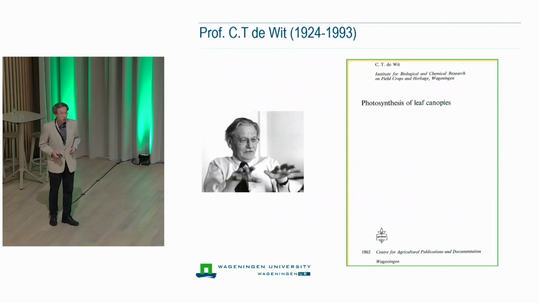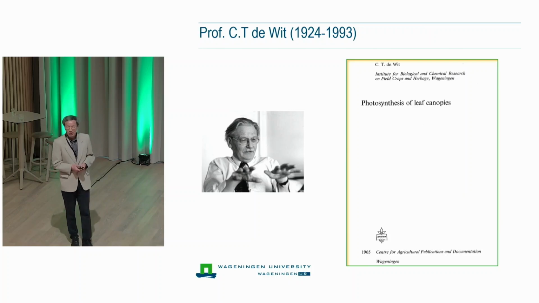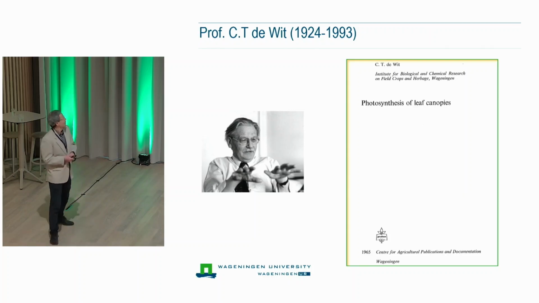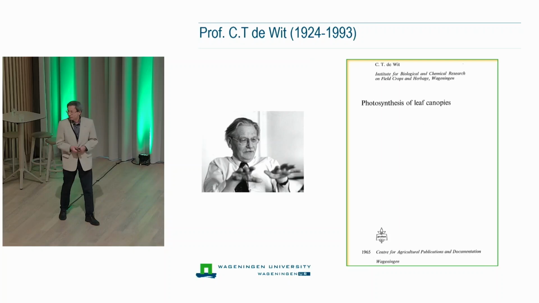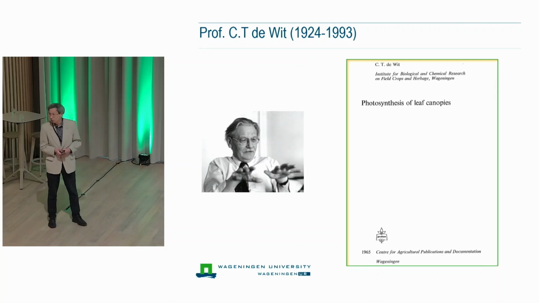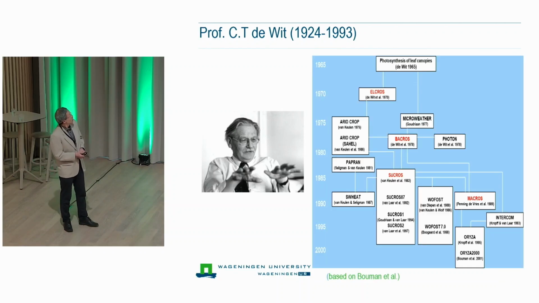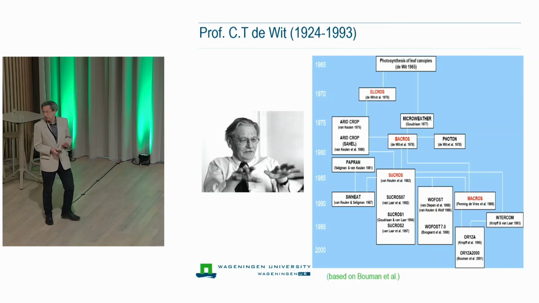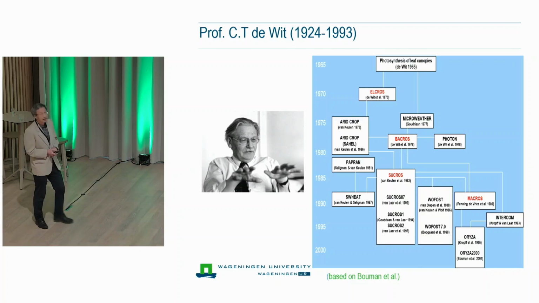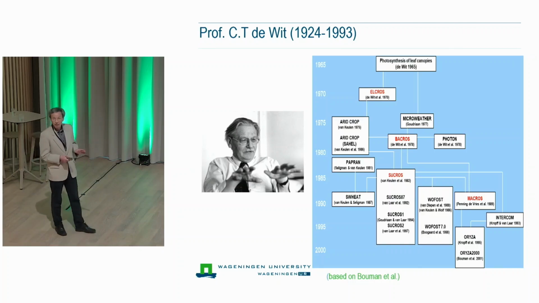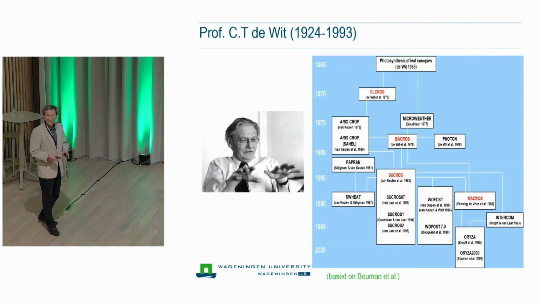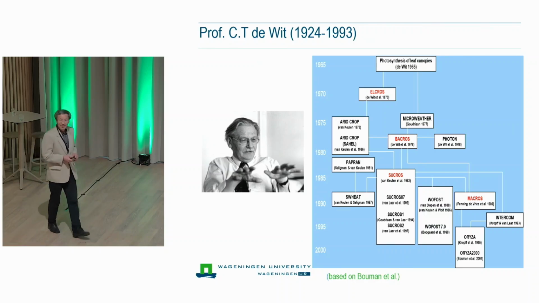To talk about physiological crop models, I would start with the legacy left by Professor Keith de Wit. He already started to model canopy photosynthesis around 60 years ago. With his leadership, a number of crop models have been developed over the years in Wageningen. This diagram, by the way, did not even include the models for greenhouse crops; that will come tomorrow.